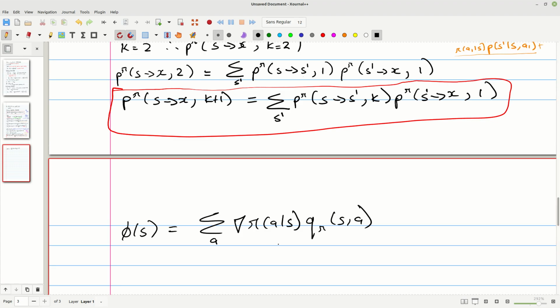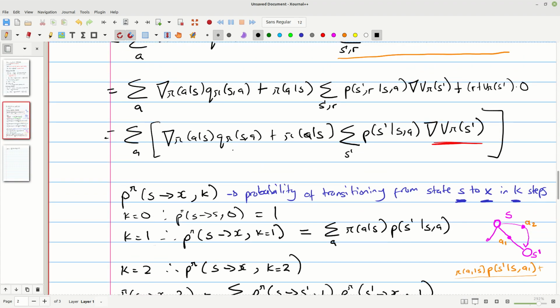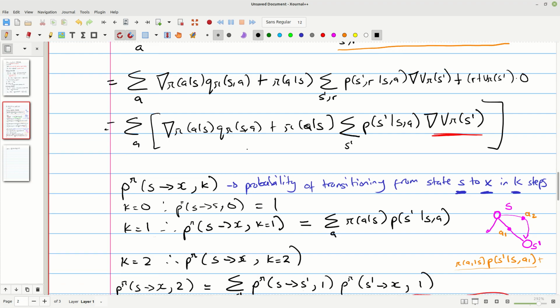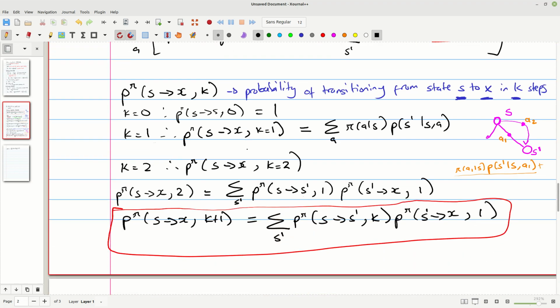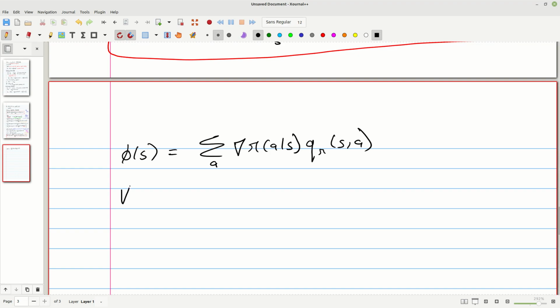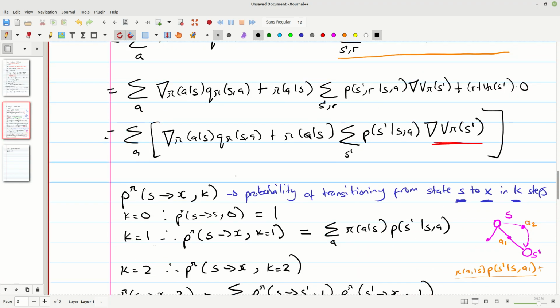So phi of s is essentially equal to this term here. So what do we end up with? The derivative with respect to theta of v pi of s is essentially equal to phi of s, which is the term here.